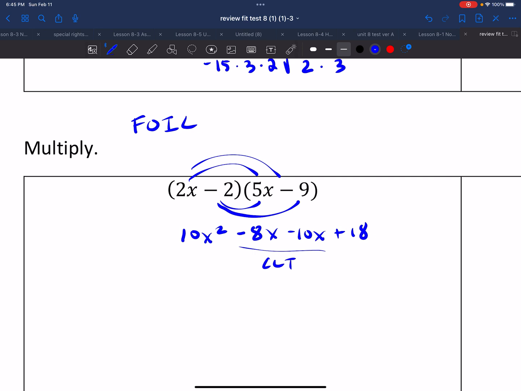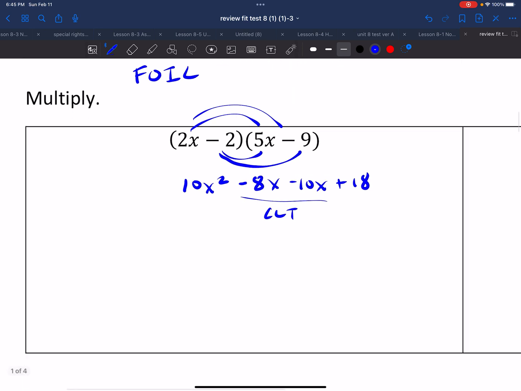You can see that we can combine the like terms over here because this is not our answer. We need to combine those two terms there. 10x squared minus 18x plus 18. Let me see. It's always a good idea to check your work.